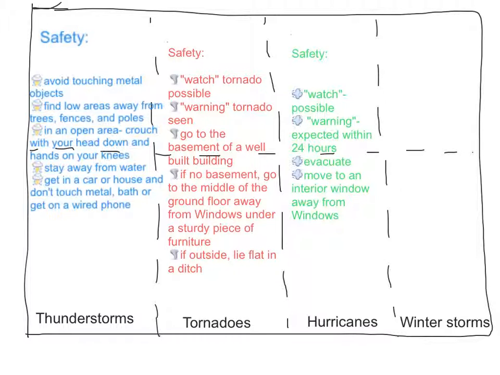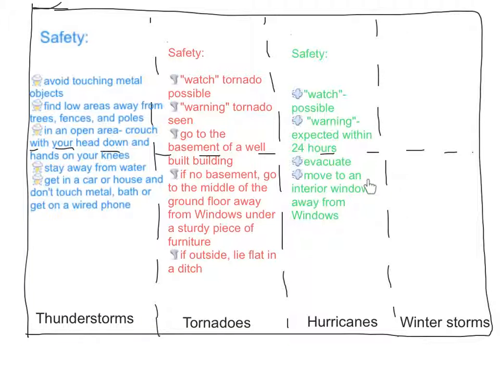So for hurricanes, again, if there is a watch, it means that a hurricane is possible. If there is a warning, it's expected within 24 hours. If there is a warning, evacuate if at all possible. Leave the area.